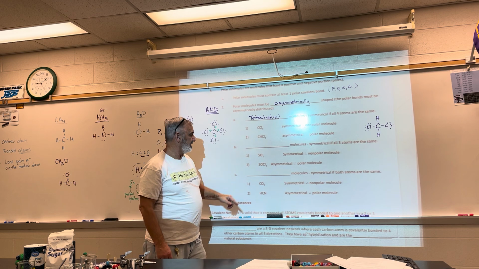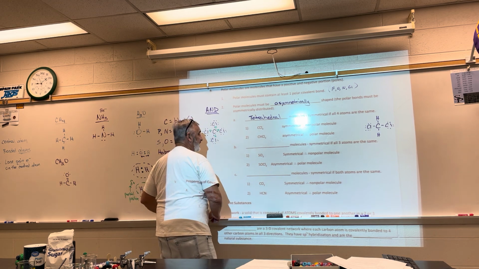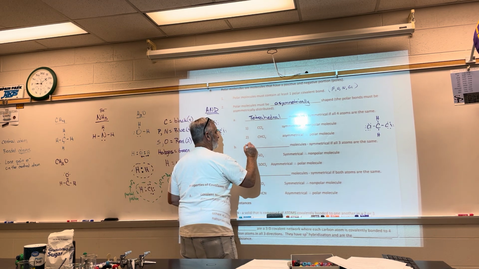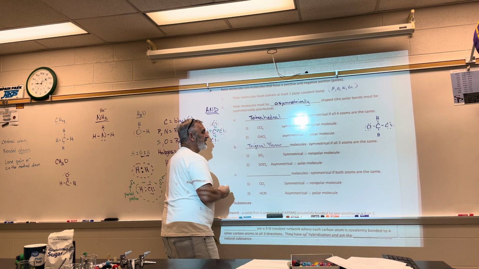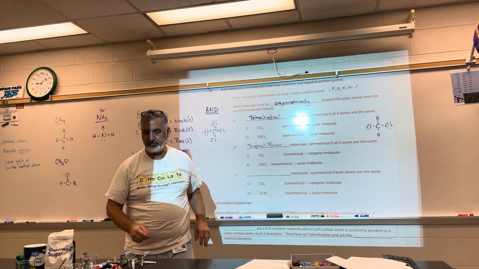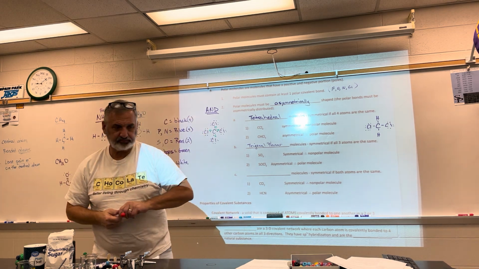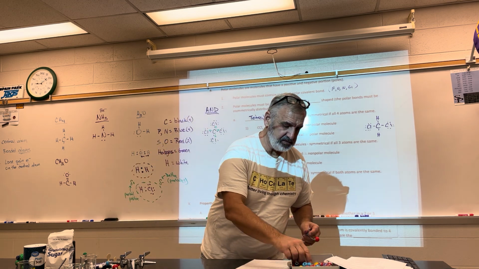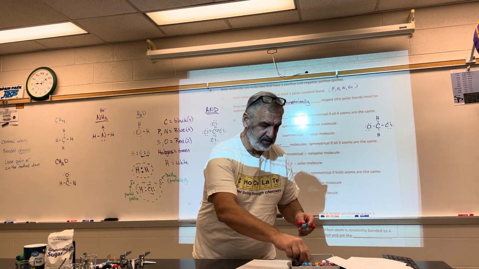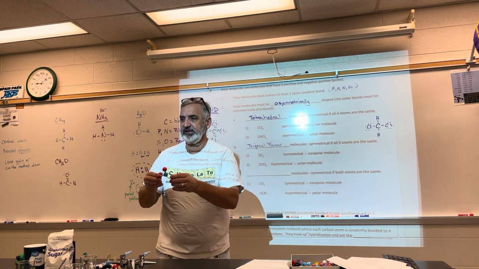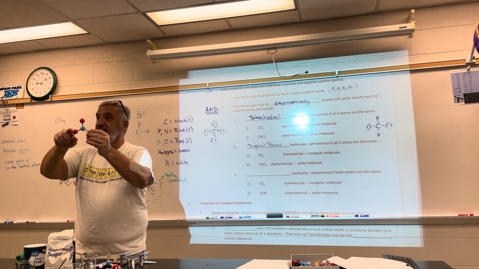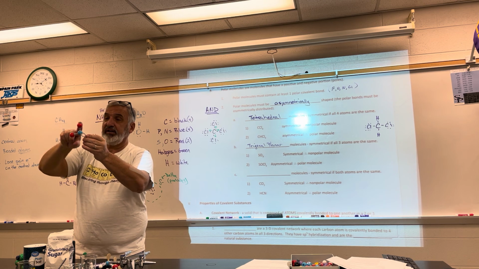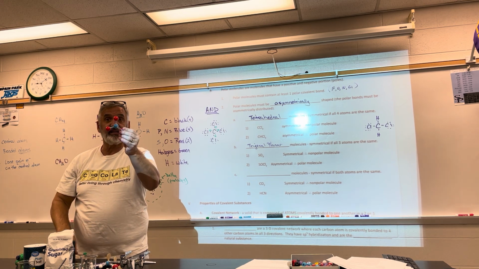Okay? In trigonal planar molecules, like SO3, SO3 looks like this. Okay? So the oxygen's pulling here, so can you see that if you pull equally here, here, and here, all three pulls are going to cancel out?